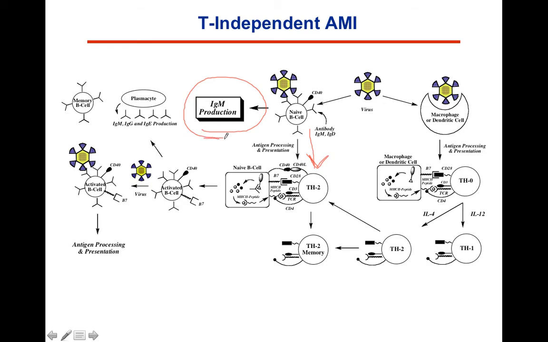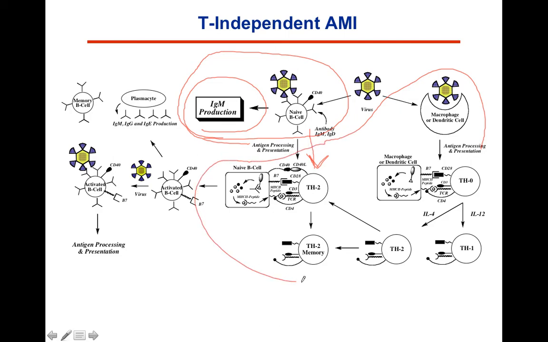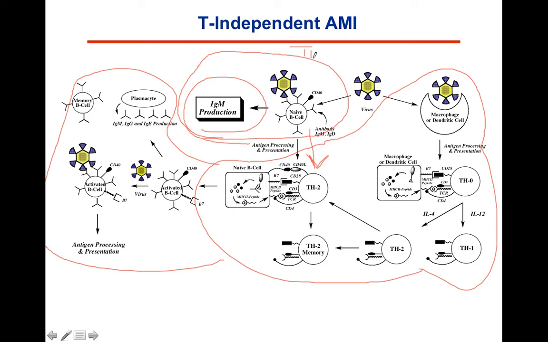So that's why this part is referred to as T-independent AMI. For viruses in particular, it's coupled to the T-dependent AMI, which is everything in here. So this would be TI or T-independent, and T-dependent would be where I've circled. Okay, so that should be relatively clear.